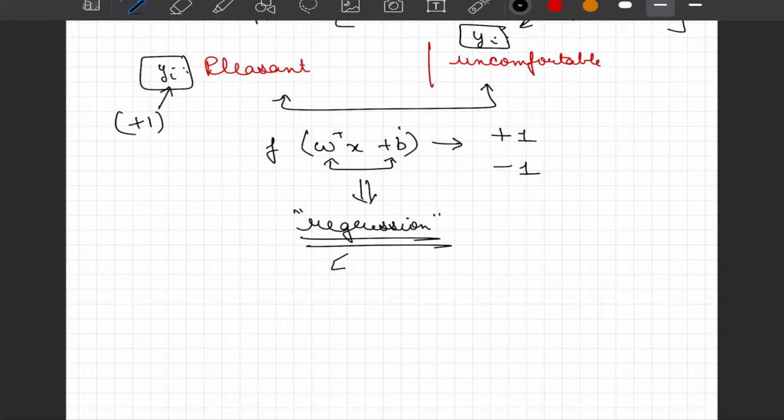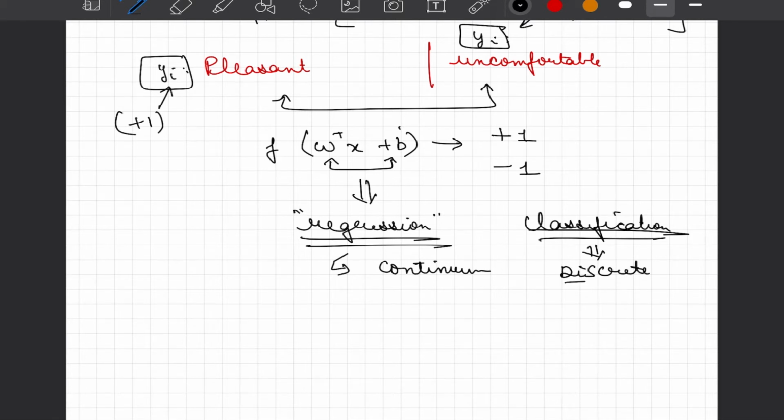So while regression is also a machine learning problem, it is typically solved in continuum, whereas classification is a problem that we will solve in the discrete world, where we know that outcomes are going to be one of many finite cases.